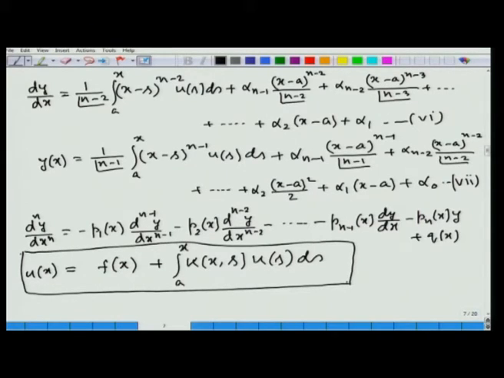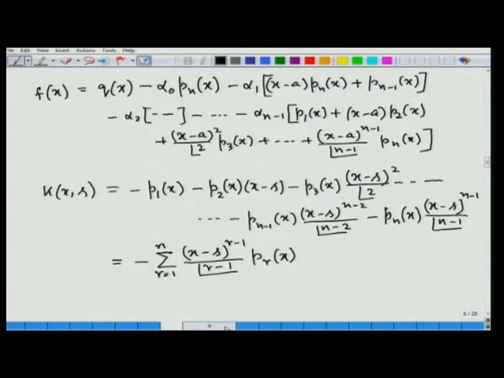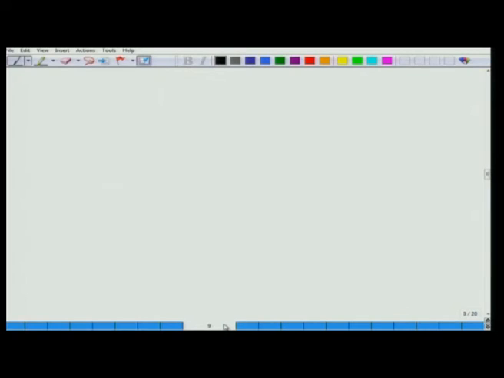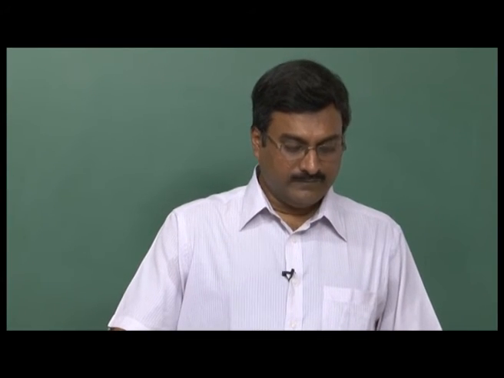by this method. Now, the most crucial question is that in one method we have obtained the differential equation in terms of the unknown function y, that is with the first approach, and in the second approach we obtained the integral equation in terms of the unknown function u, where u is the nth derivative of y.